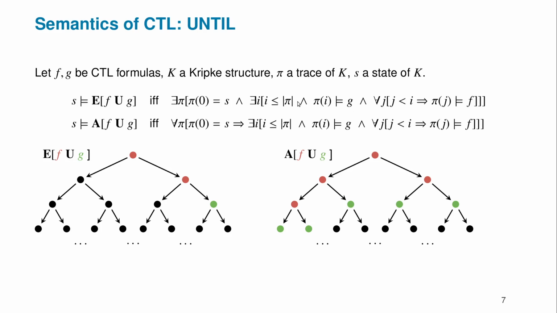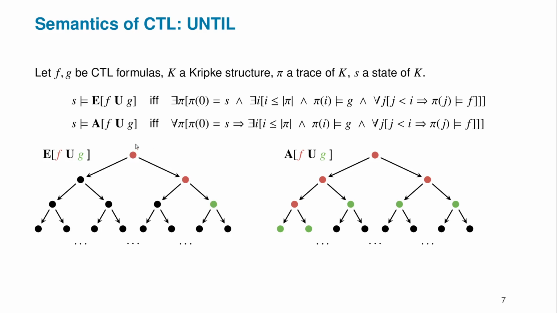F has to hold. Here, for example, in the state S, which is the topmost state, F holds. Then in the second state on the right, F holds, and then we reach a state where G holds, the green one. If already the state on the top would have been green, this would also be fine.